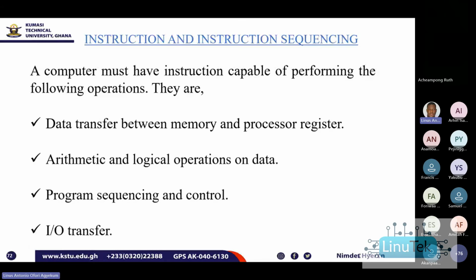If you are writing a program or a set of instructions, in order to achieve performance, your instruction should be able to allow data transfer between memory and processor register. It should be able to perform either arithmetic or logic operations on data. And there should be a flow and control within the instructions.